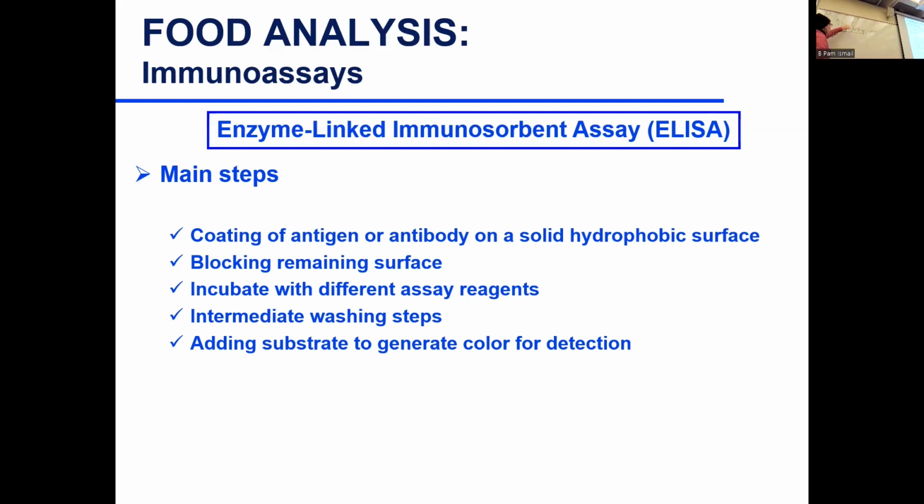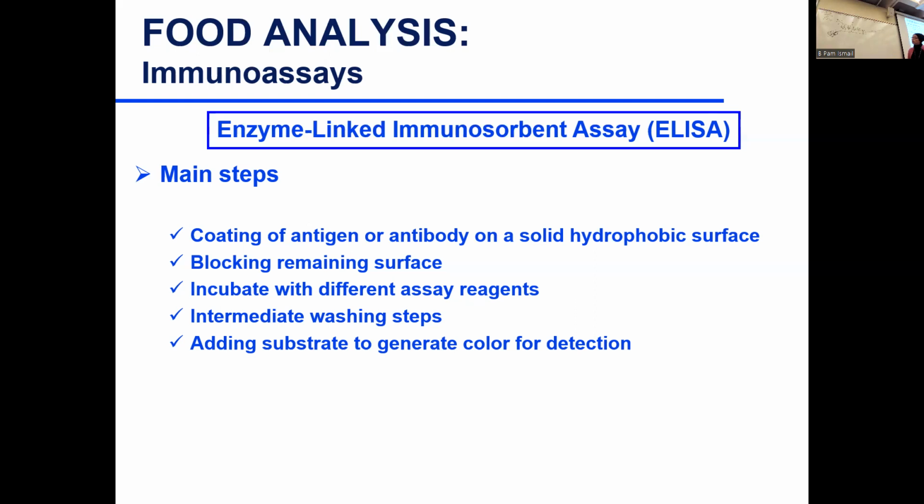That's indirect, that's direct. And every time I wash, then I put the substrate, wash, allow to react, then I will have colored product and I will measure the absorption.